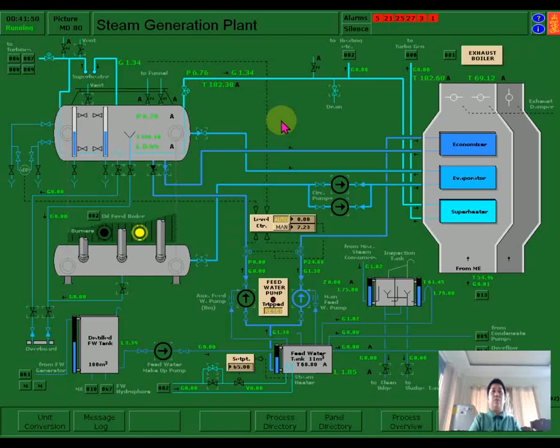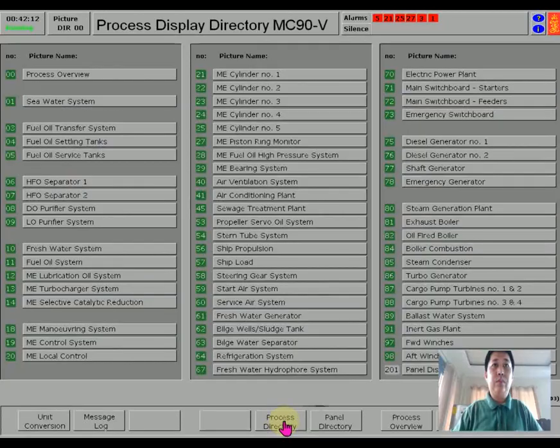6.76. So anyway, I can simulate the control of steam pressure now. So remember, your steam pressure is 6.70. So I want to simulate the burner.